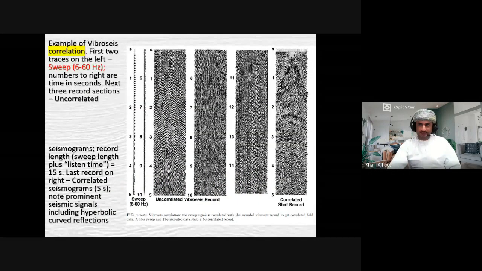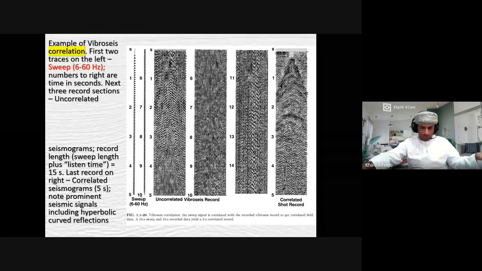Here is the real data. This is your sweep. It's from 0 to 10 seconds, and you let your geophones record for 15 seconds. Otherwise you get some record which is not very useful.